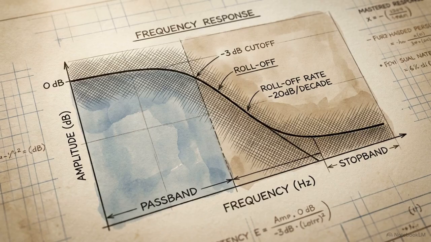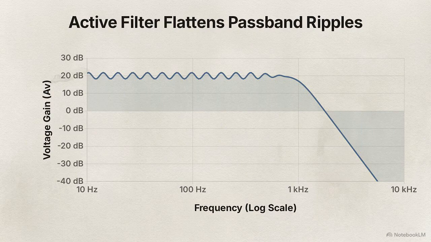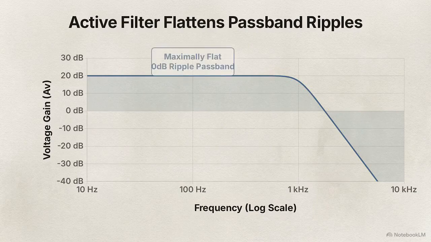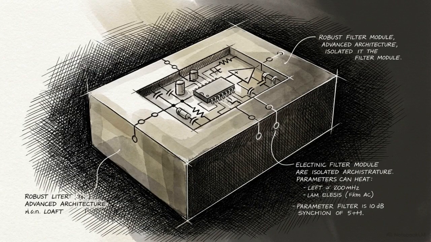When paired with a specific tuning configuration known as a Butterworth characteristic, the op-amp ensures the amplified passband stays perfectly flat, eliminating voltage ripples that could corrupt the data. By introducing that single active component, a leaky, fragile passive attenuator becomes an isolated, mathematically precise signal processor.